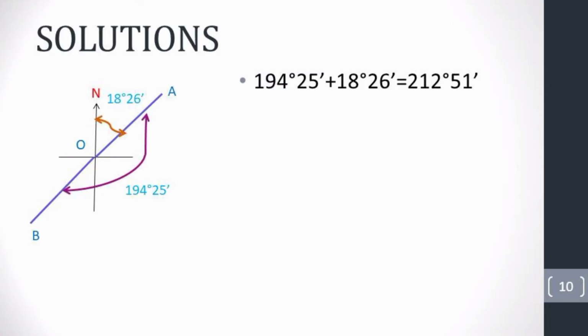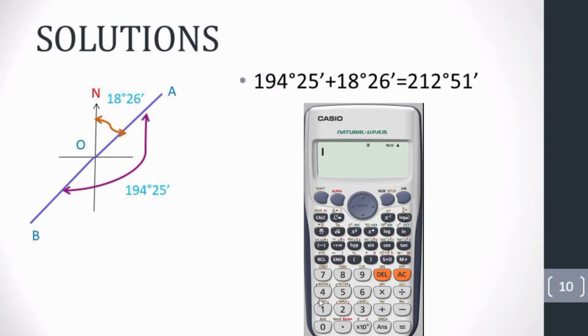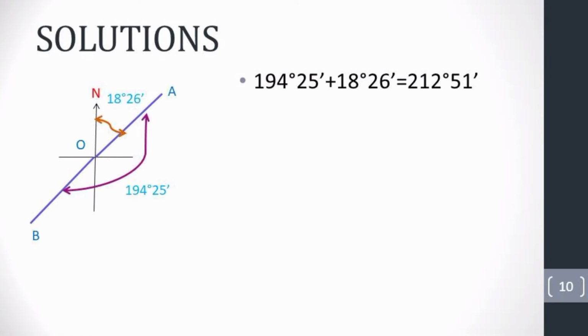Remember, the bearing of OB has to start on the magnetic north. So that becomes simple. I'll just add 194 degrees 25 minutes plus 18 degrees 26 minutes, getting my total answer as 212 degrees 51 minutes. So that is just simple, just like that.